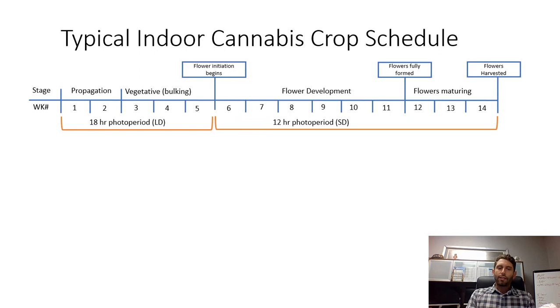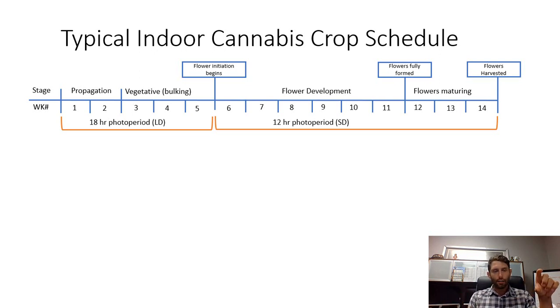This schedule here is just an example. I will admit that this schedule is widely used within completely climate-controlled medical marijuana facilities to smokable flower greenhouse hemp facilities. But let's just break it down and walk through it so that we understand how to look at this from a crop development standpoint as well as a production stage standpoint.